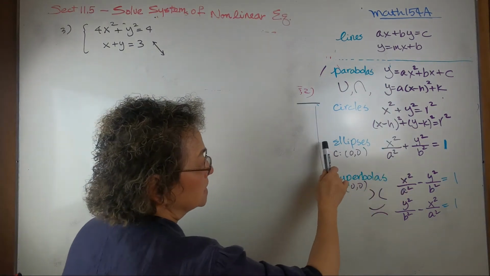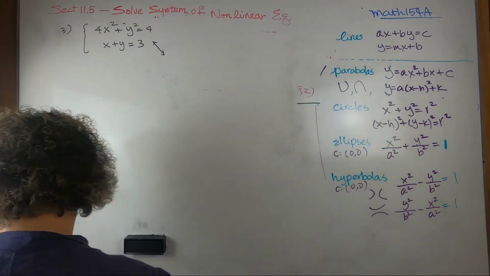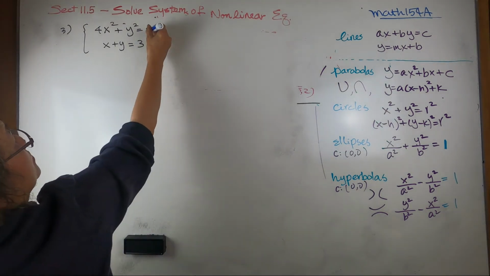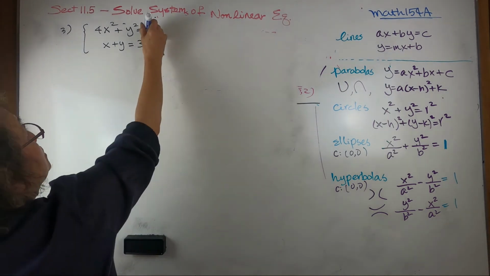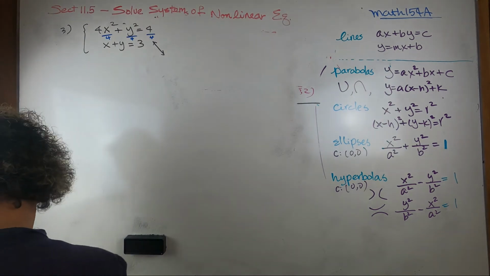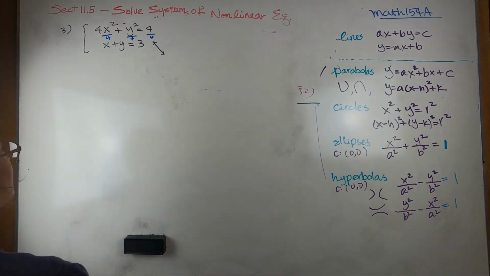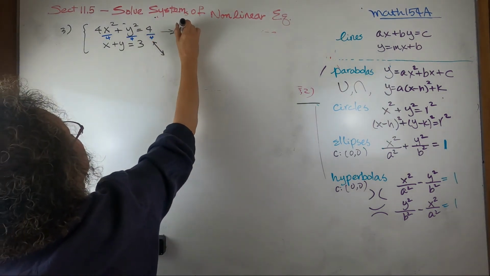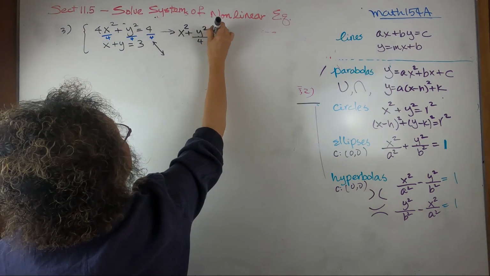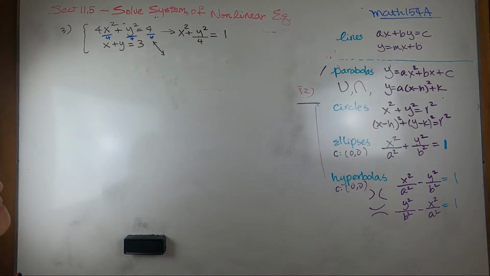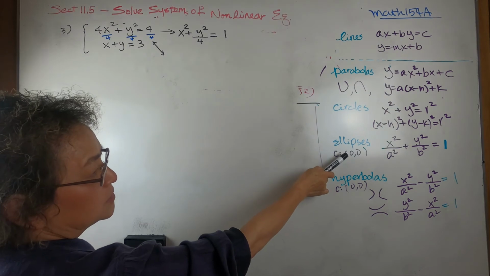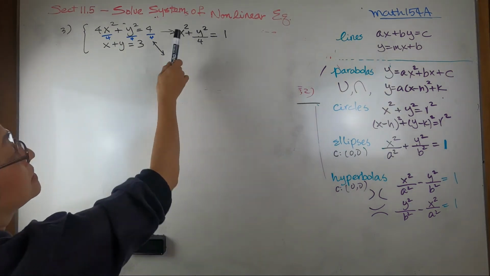And let's see, we can make an ellipse, right? But for the ellipse, we have to have it equal to 1. So if we need to do that, then we have to make this one 1. So what do you do? You divide everything by 4. Right? Then see what we have. We will have x squared plus y squared over 4 equals 1. So do we have the formula for the ellipses?